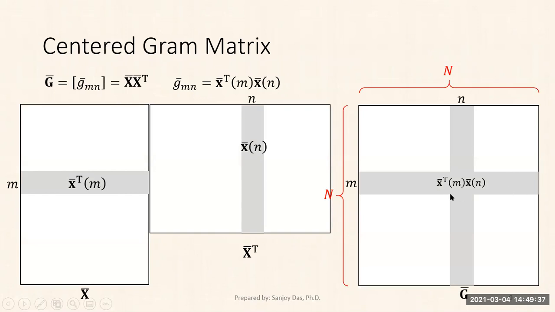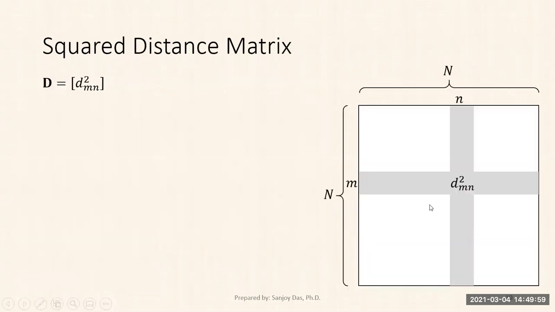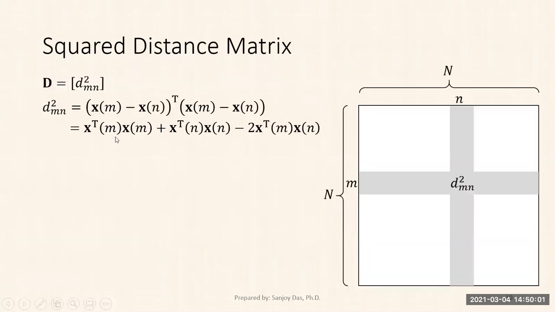G_MN: either you take X bar, in which case you get G bar, or you take the raw X's, in which case X transpose X gives you G_MN. Either way, the centered data points or the raw data points. This is what we saw and expanded.